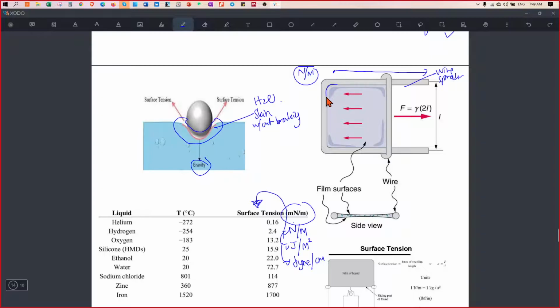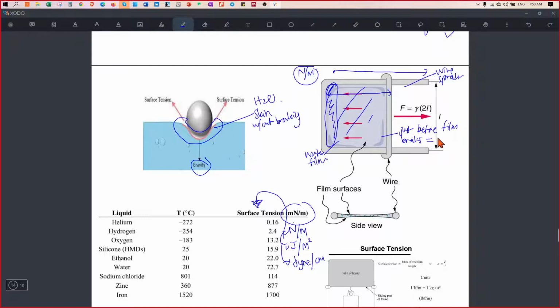Let's say you have a drop of water just in this region here. So you spread your water from this side to this side, to the point just before the water film breaks.